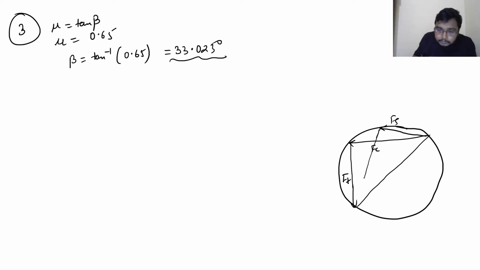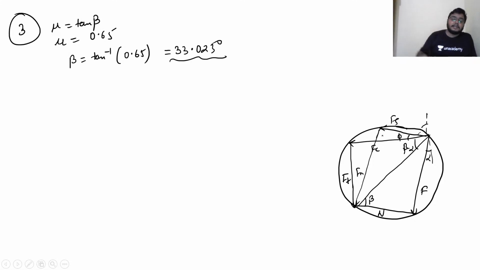This is FN. This is N. This is F. This is making angle beta. This is beta minus alpha, and this angle is alpha. This angle is phi. So this is the merchant circle diagram.